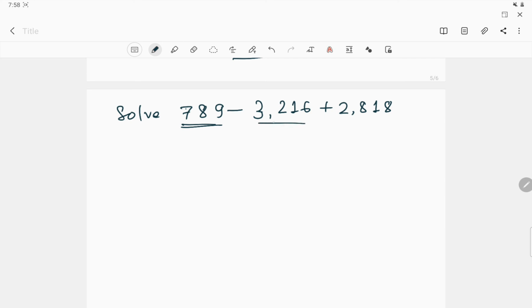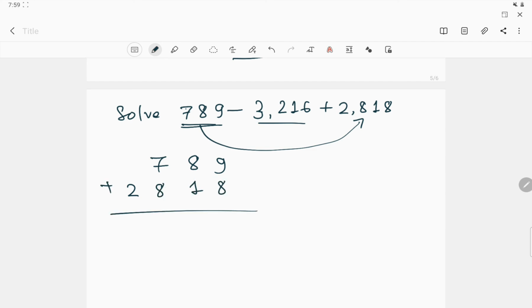So first of all you have to do addition. So which number you will add? This number with this number, right? Now first of all you have to do addition. So write column wise. 9 plus 8 is 17, carry 1. So 1 plus 8 is 9, 9 plus 1 it will be 10, and carry 1. 8 plus 7 is 15, 15 plus 1 is 16, and carry 1, so it will be 3607.